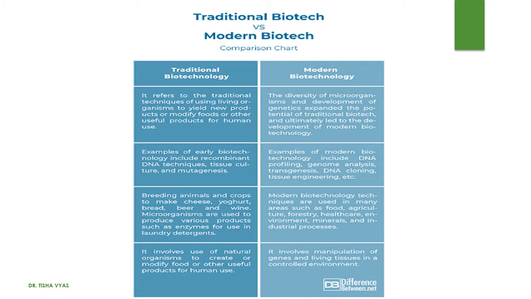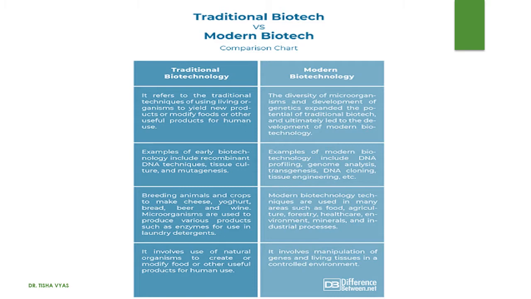Traditional biotechnology includes breeding animals and crops to make cheese, yogurt, bread, beer, and wine. Microorganisms are used to produce various products such as enzymes for use in laundry detergents.